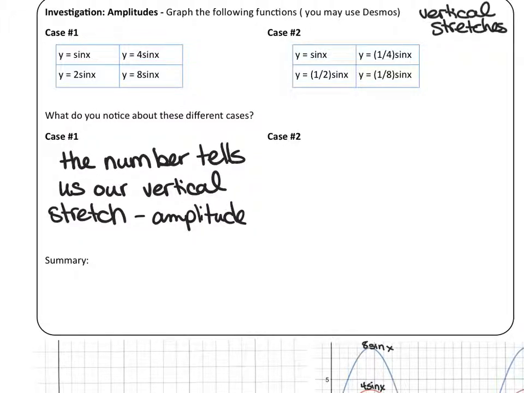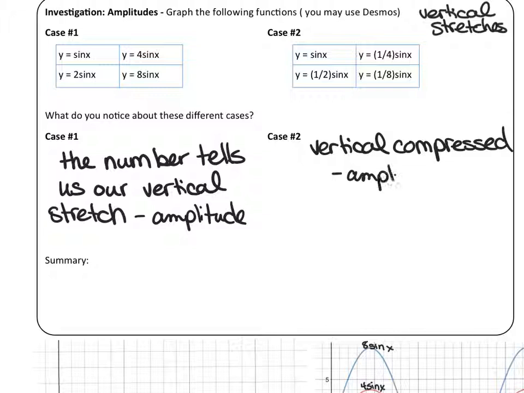In case 2, it was also our vertical stretch, but in this case it's a vertical compression, because it smushed it closer to the x-axis. So our amplitude went down.